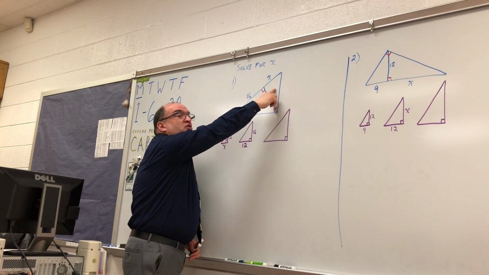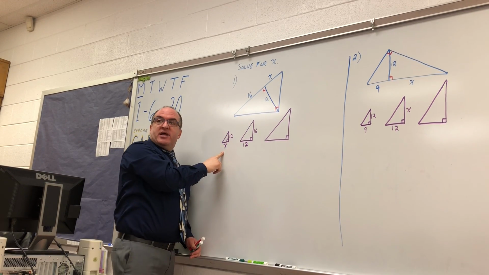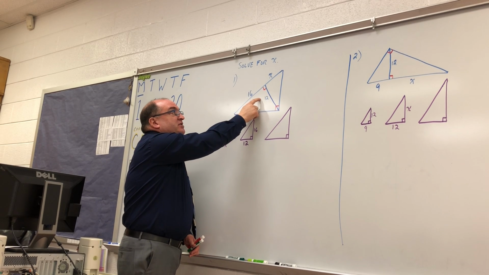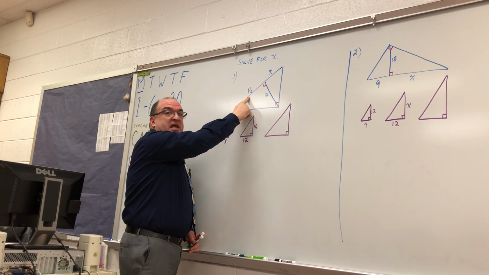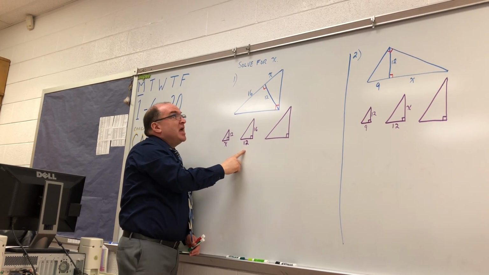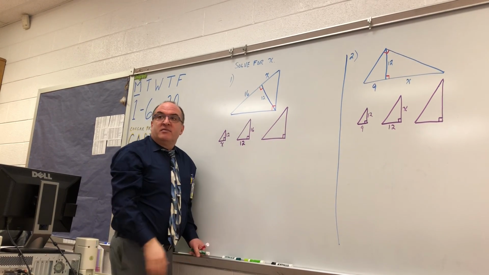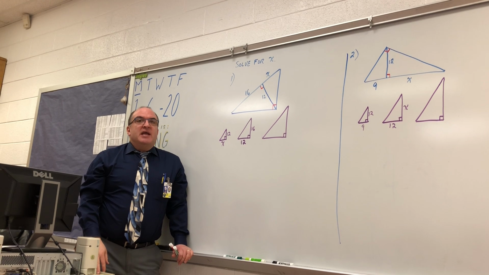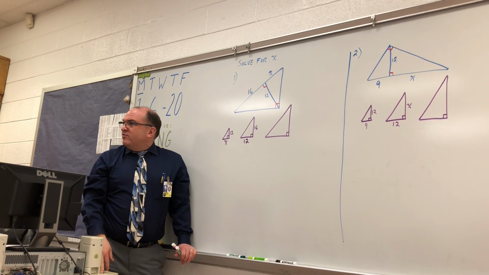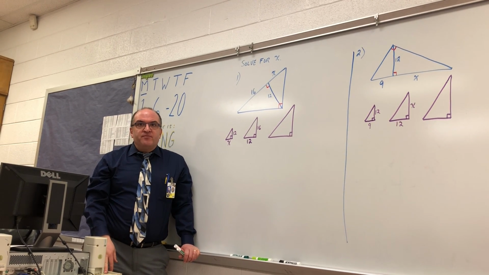I've taken this triangle here and put it here. I've taken this triangle with the 12 and the 16 and put it here. And I've taken the entire triangle and put it here. Everyone okay with that?